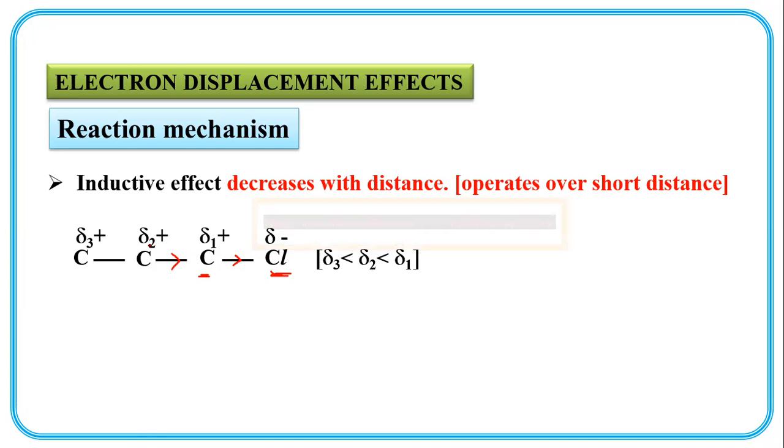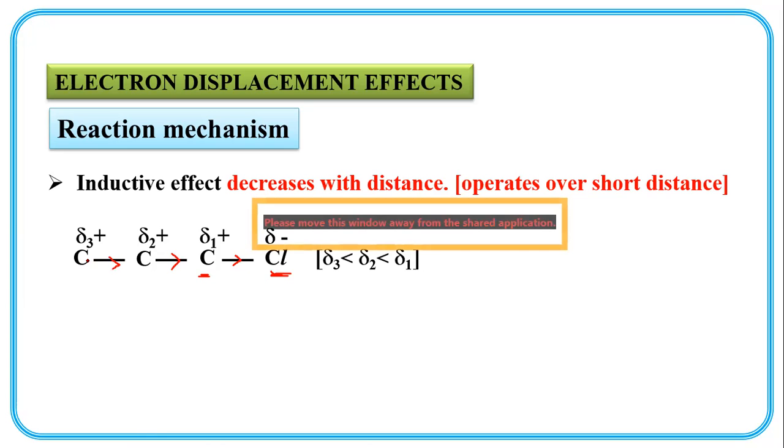It is delta 2. And in the third bond, the polarity is also shifted towards the chlorine side.